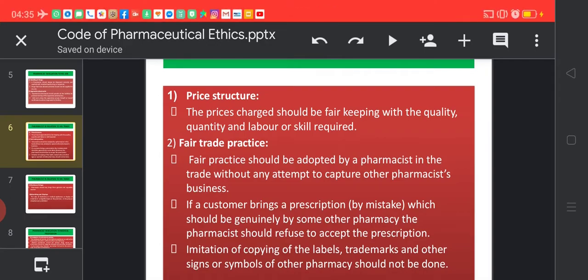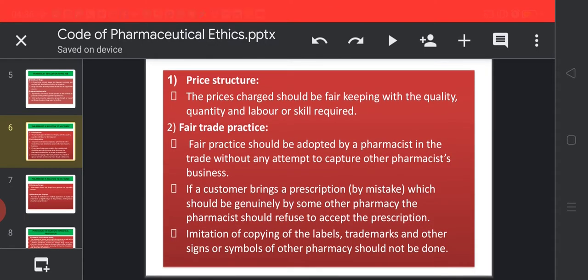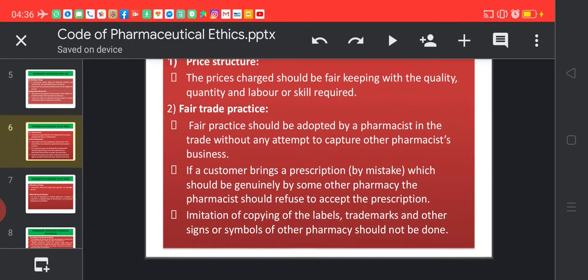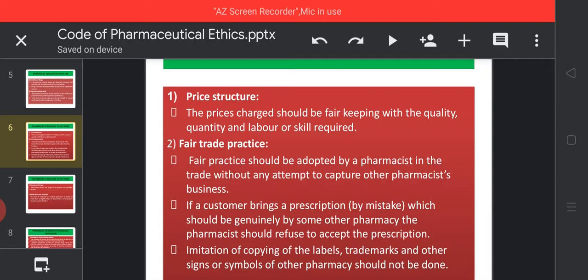Definitely, अगर प्रिस्क्रिप्शन गलती से दूसरे फार्मेसी से आता है, then definitely the role of a pharmacist is to refuse to accept that prescription. ये मेन responsibility है towards relations to his trade.